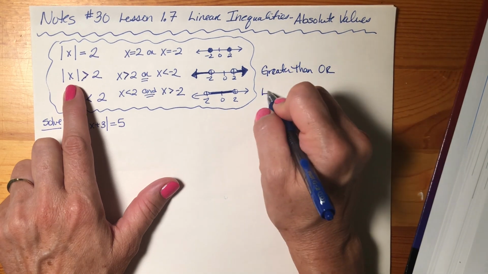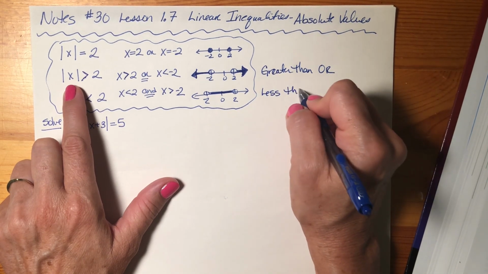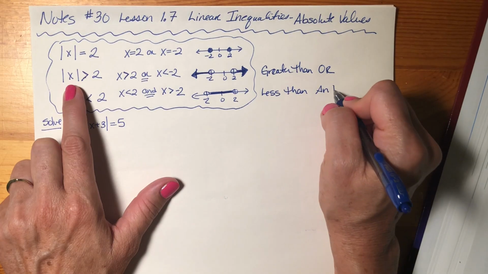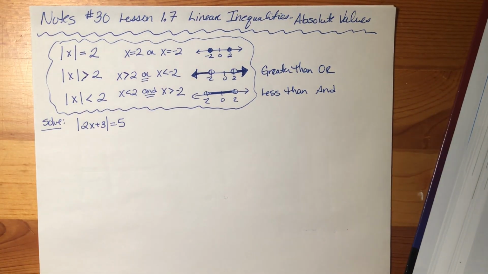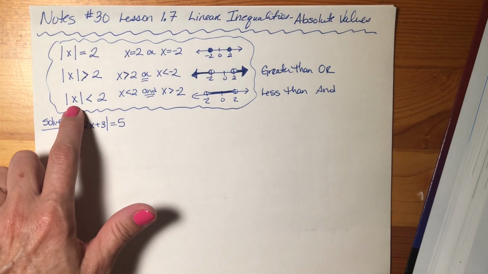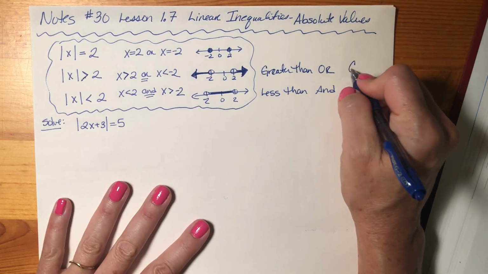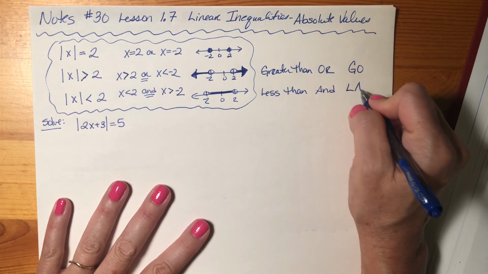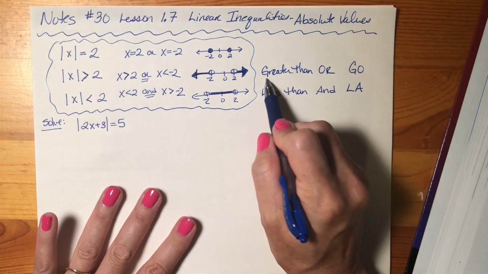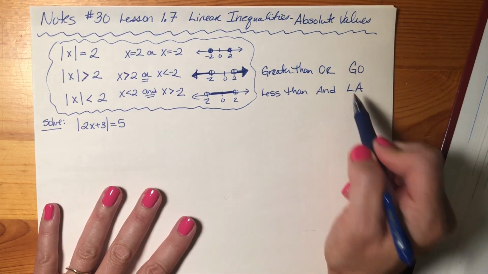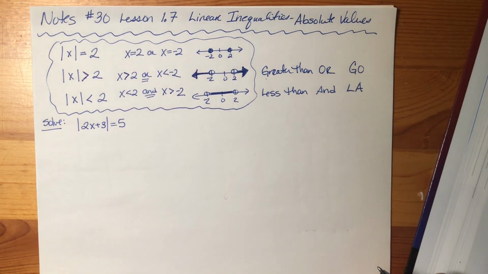And here I had a less than, I used an and. So again, absolute value has to be on the left. I like to remember this as go LA. We're all cheering for the Dodgers right now. Greater than is an or, less than is the and, so it's a go LA question. We're going to do a couple to practice these.